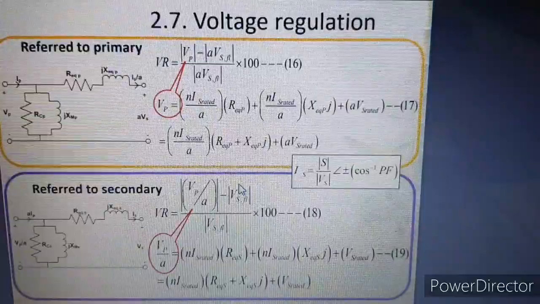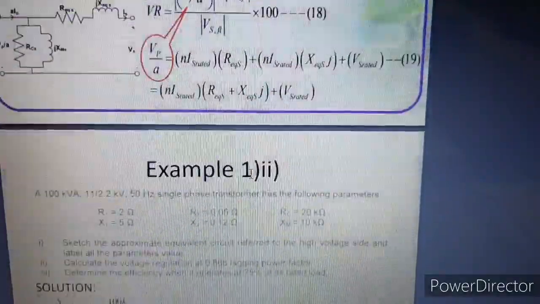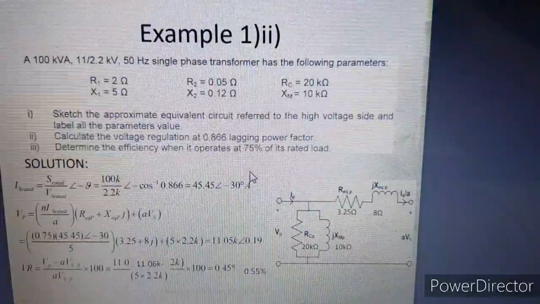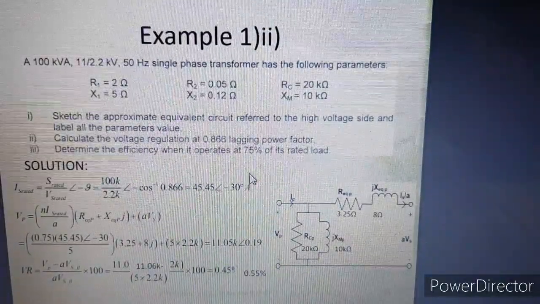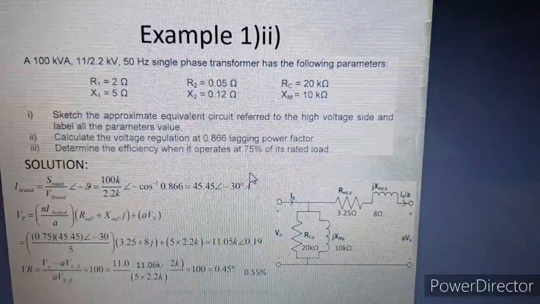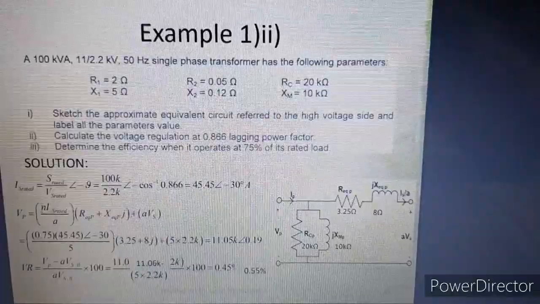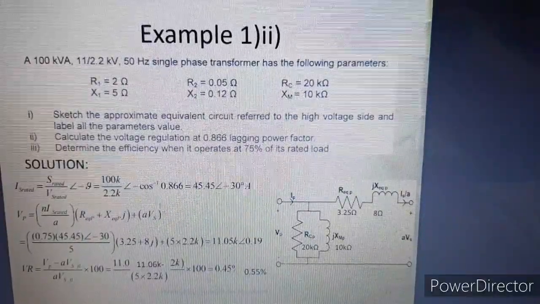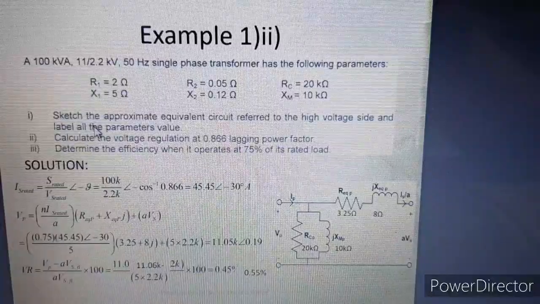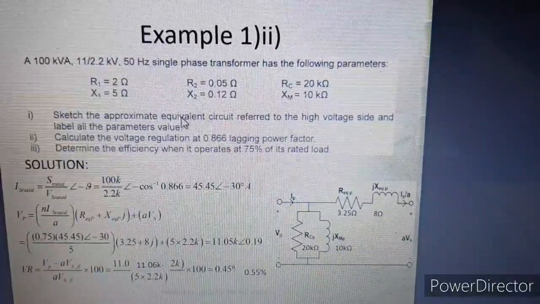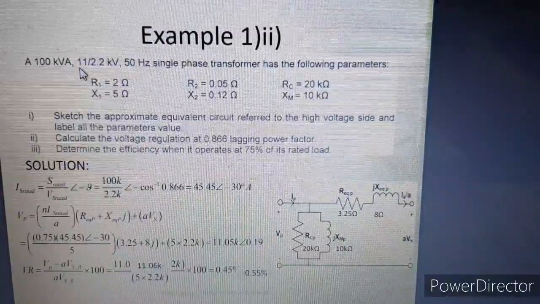So how do we apply this? Let's refer to our example. Before this, in example 1 Roman, we have solved part 1, where we have already sketched the approximate equivalent circuit referred to high voltage side, that is referred to primary.